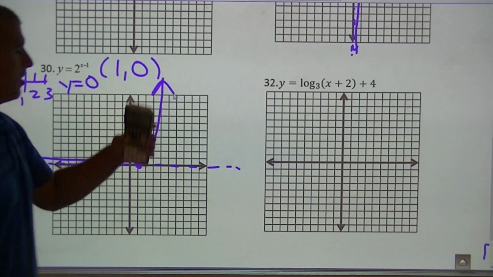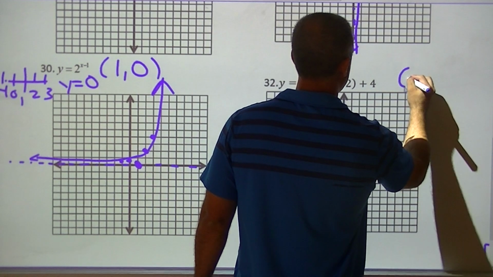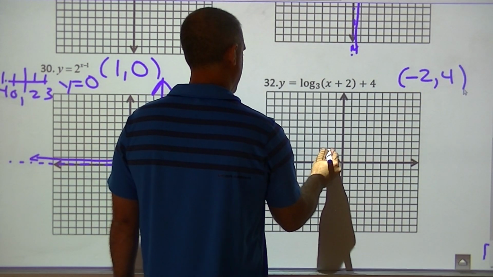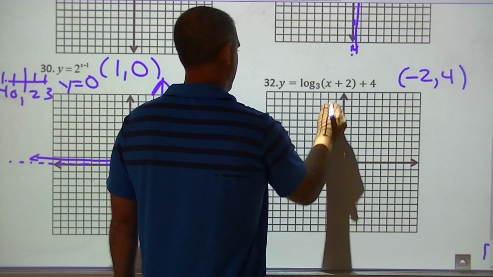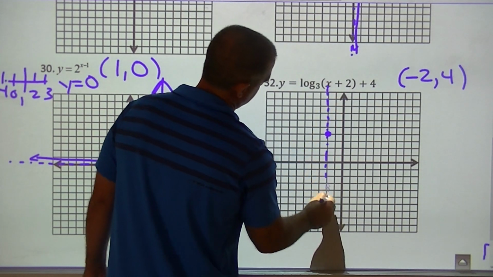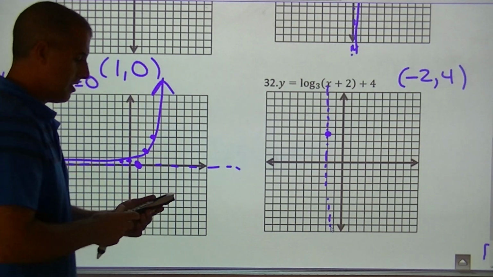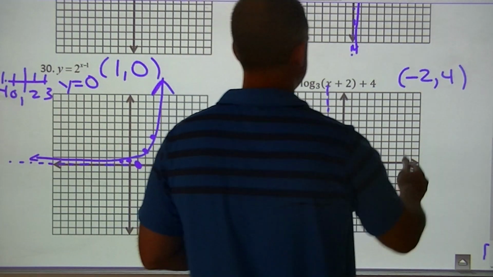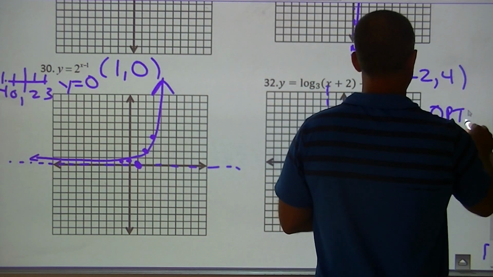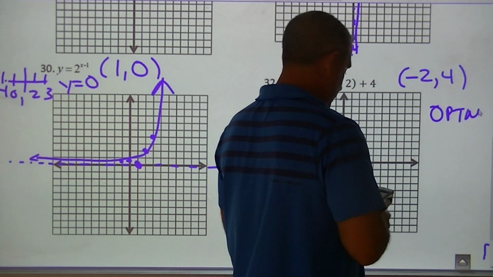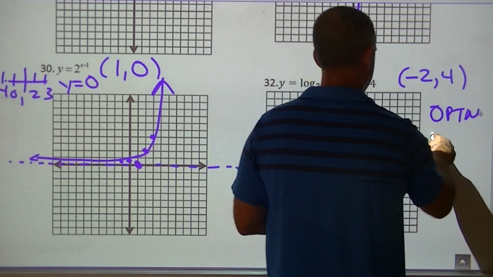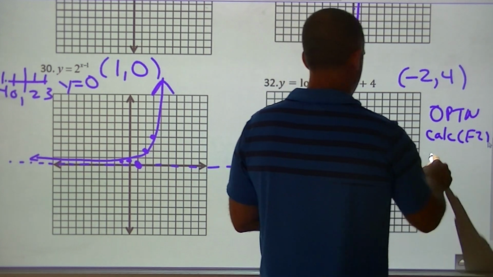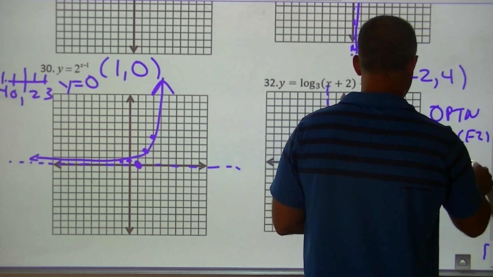Over here, my anchor point will be -2, 4. So 1, 2, 1, 2, 3, and 4. I will draw a vertical one through here. And it's the same deal. You want to go into the table and go to option, then calc, which is F2, and then log AB, which is F4.